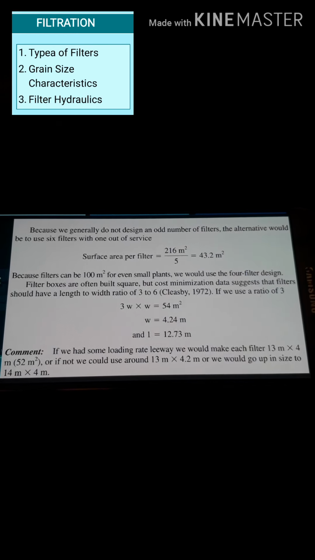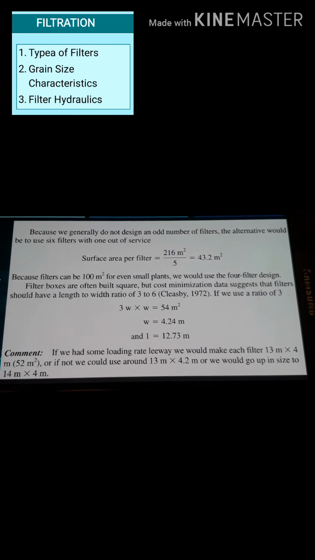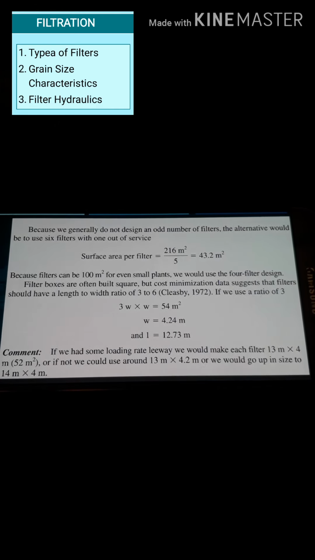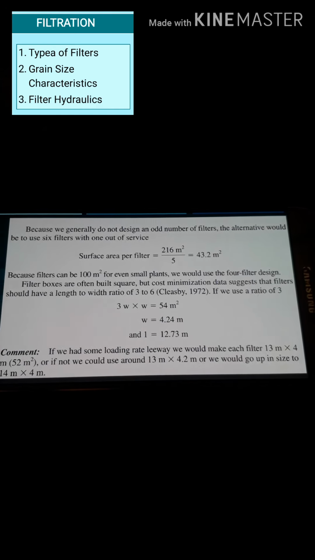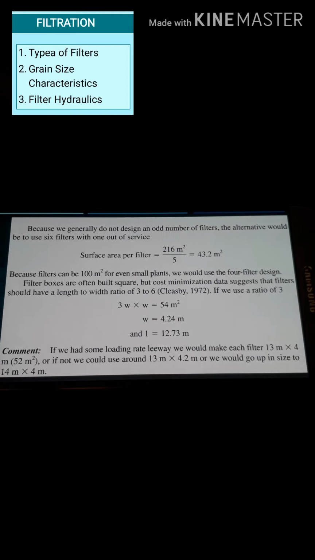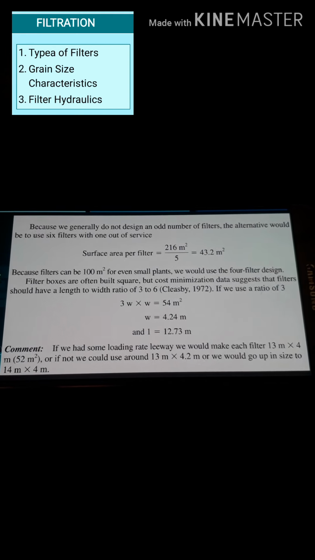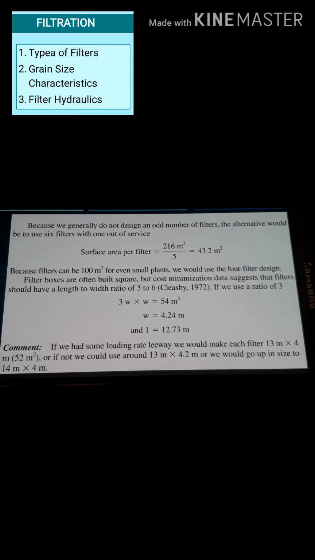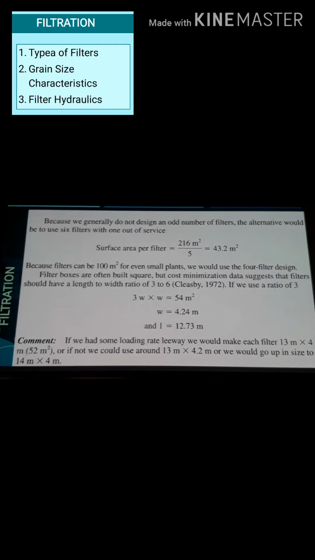So if we had some loading rate leeway, we would make each filter 13 meters by 4 meters, or 52 meters squared. Or if not, we could use around 13 meters by 4.2 meters, or we would go up in size to 14 meters by 4 meters.